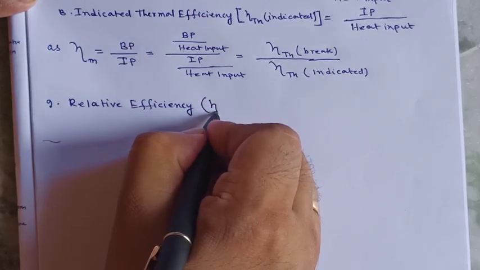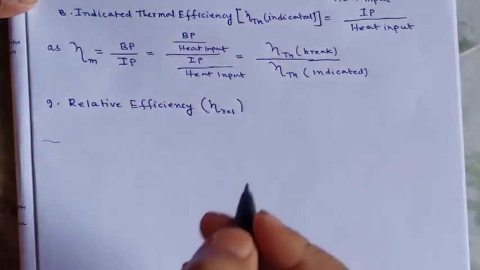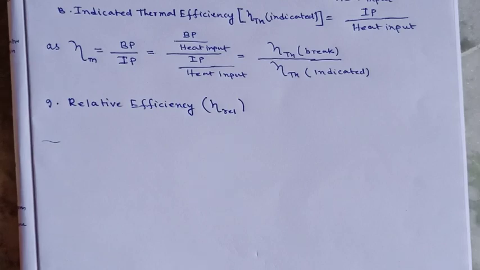Next is relative efficiency, which is denoted by eta REL, that is relative efficiency. It is most important.